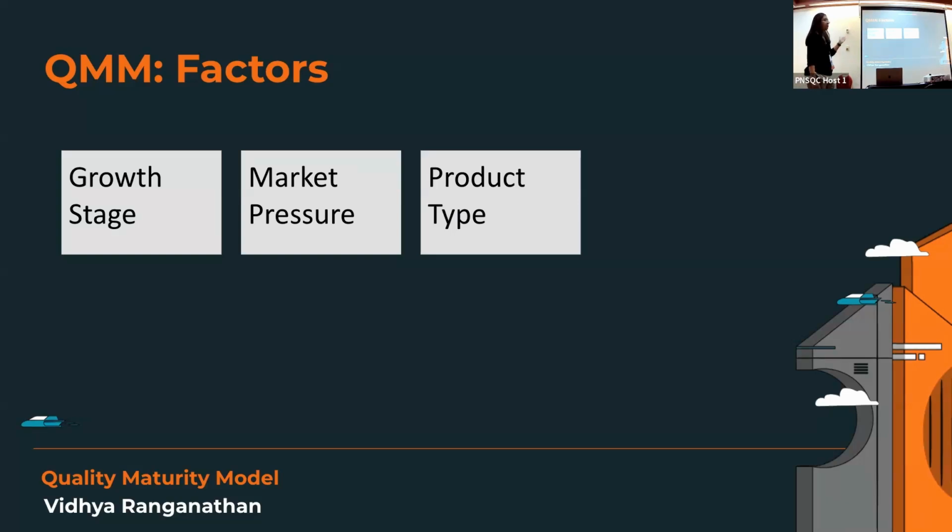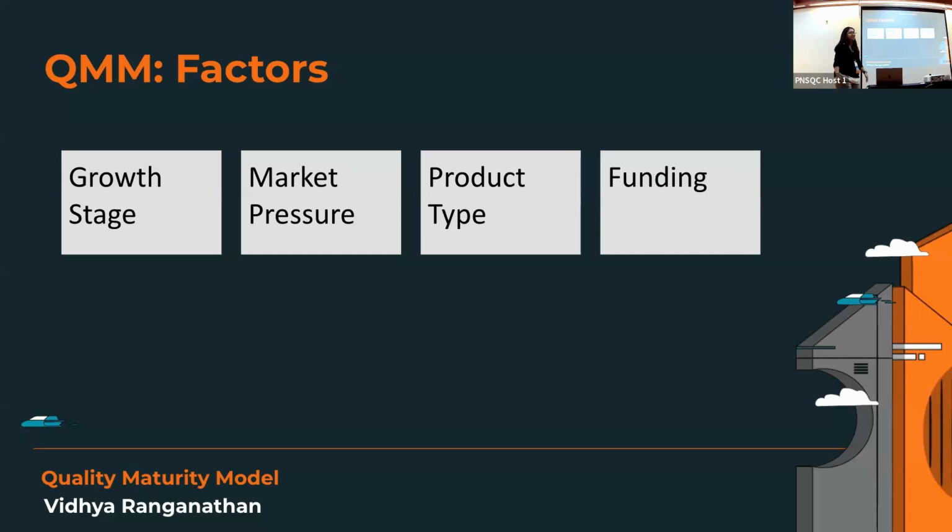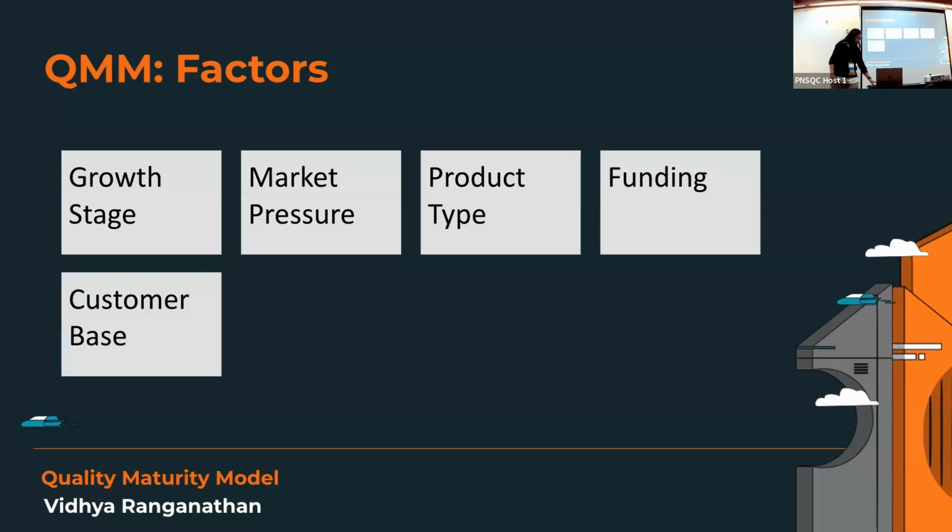So you could choose dimensions based on your product type. And funding. Funding is the biggest thing because not a lot of organizations have enough funds to support a quality team from day one. And even if they have, they'll only have 1 or 2 people in that quality team, and they might not be able to do everything in this dimension. So funding is a factor when you choose what dimension you want to focus on.